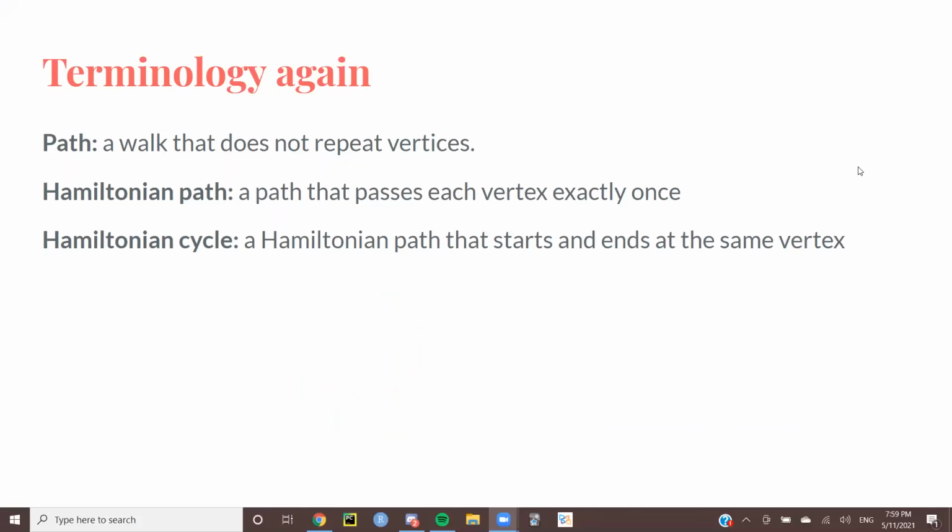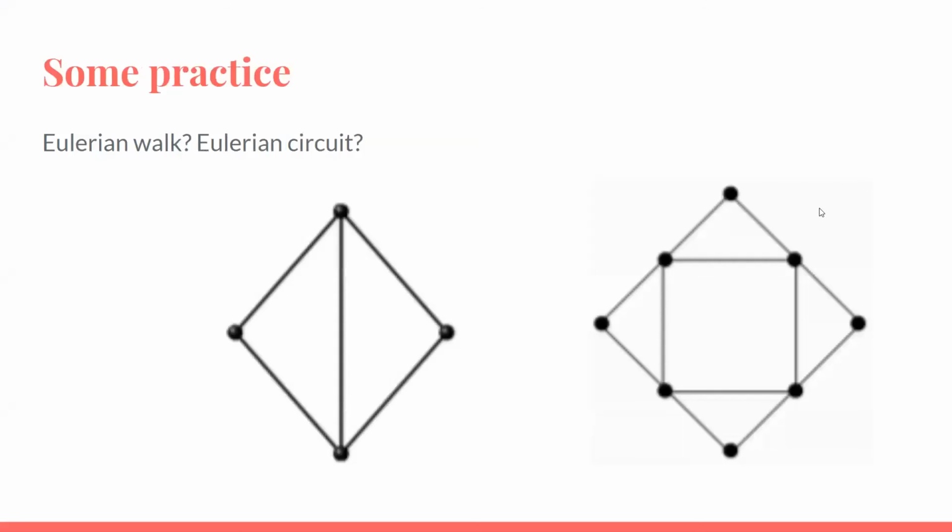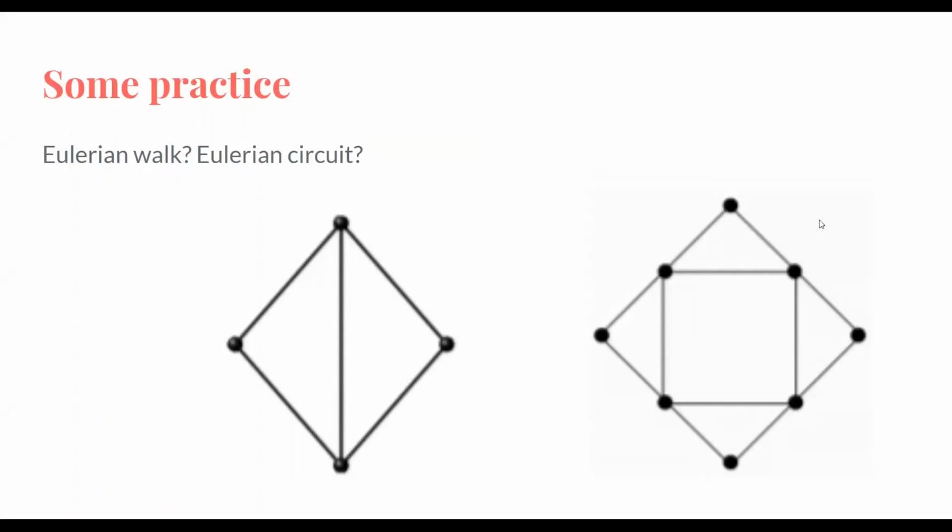All right, so a little bit of practice. Now that we learned some stuff about Hamiltonian paths and cycles, a quick review of Eulerian walks and Eulerian circuits. Looking at these two graphs, do we think there exists an Eulerian walk for both of them?